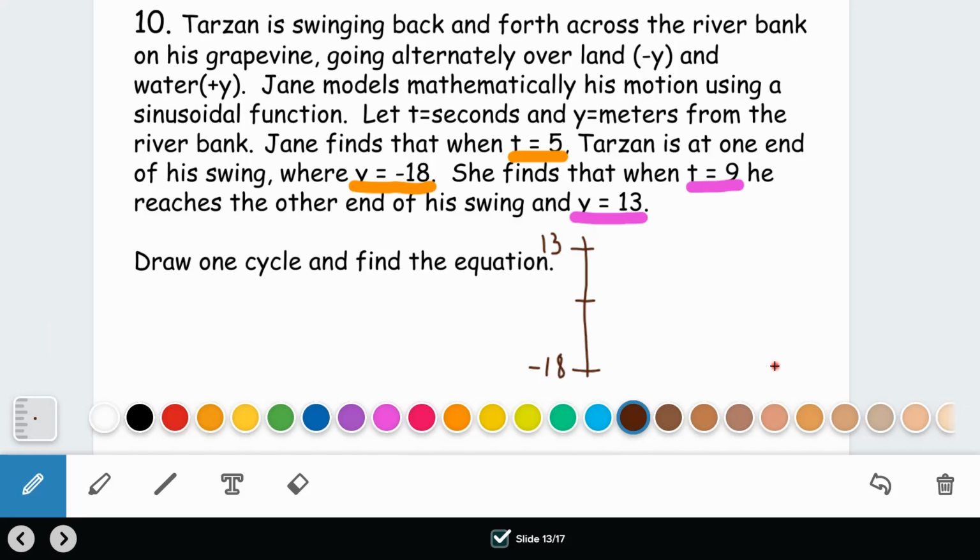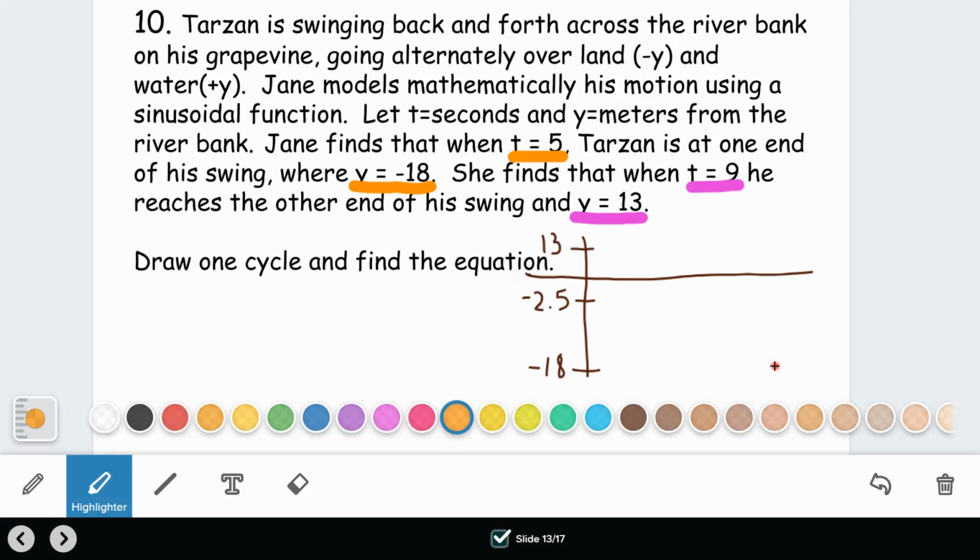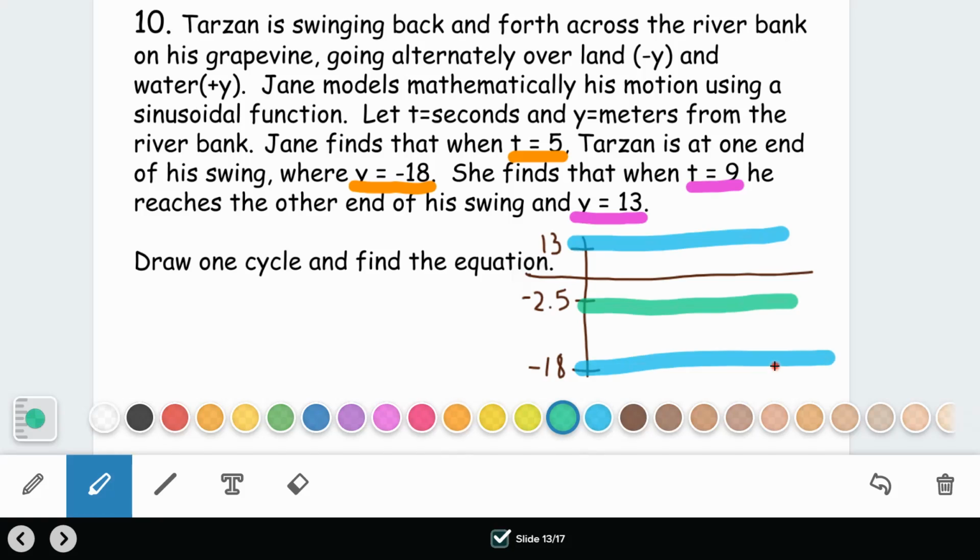And so if I add those together, which is a -5, and divide by 2, I get a -2.5. And then there will be my x-axis. Okay. So this is going to be the high. This is the low. And this is going to be our vertical shift.